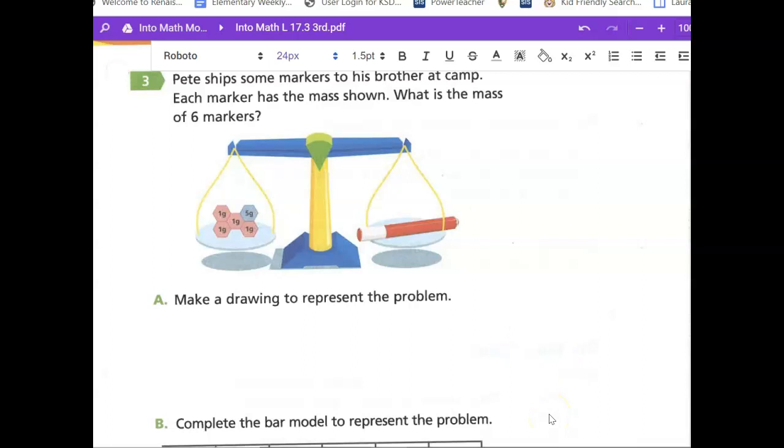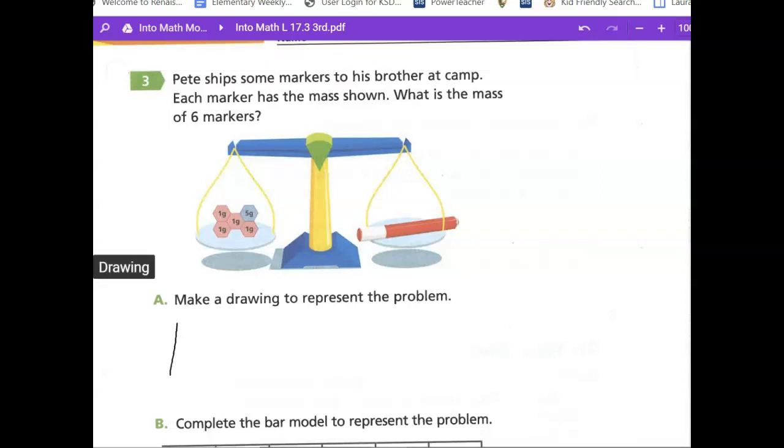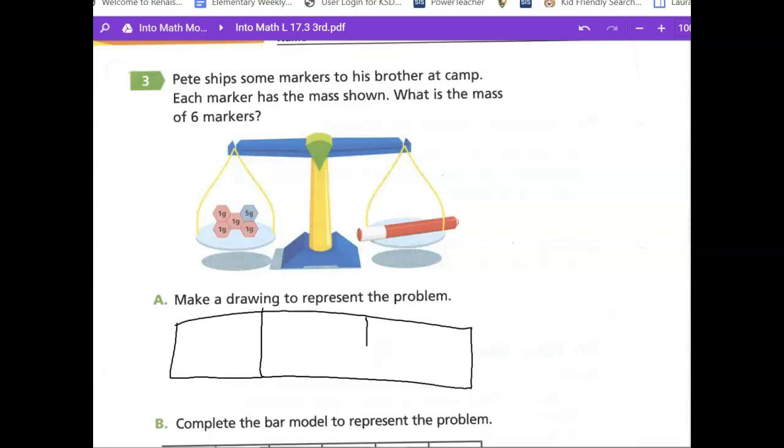We can draw 6 boxes. I'm going to draw a long box, and I'm going to divide it into 6 parts. And we know from our weights on our scale that each one of these would be 9 grams.